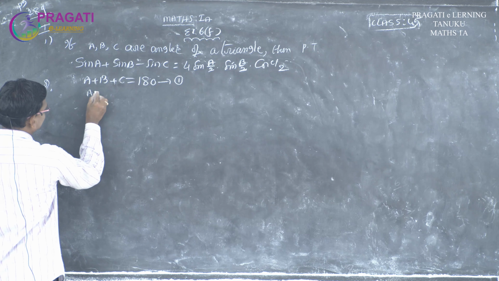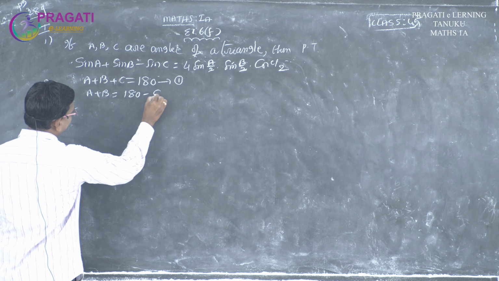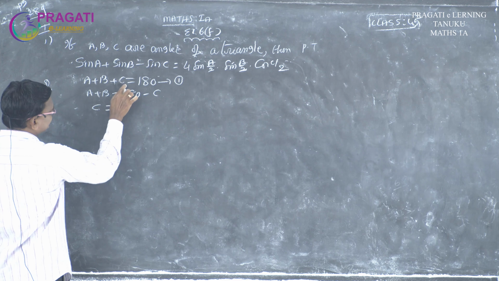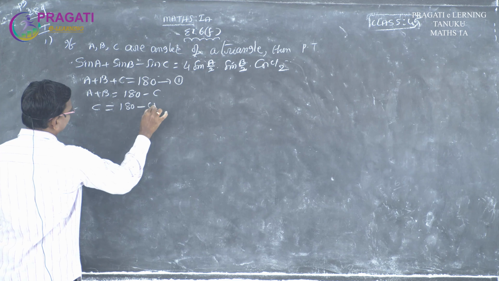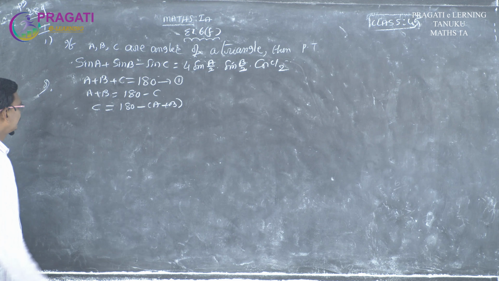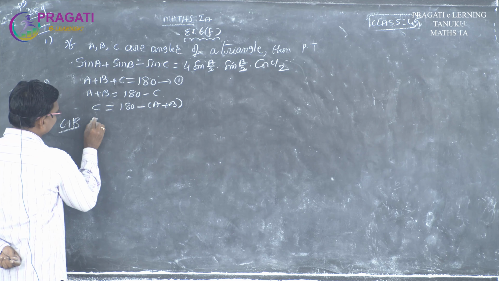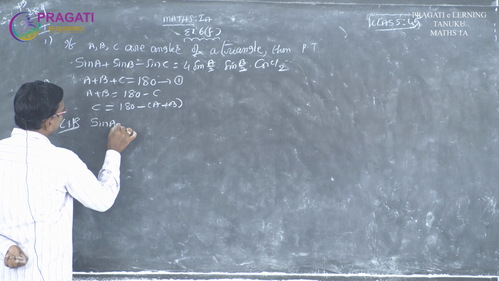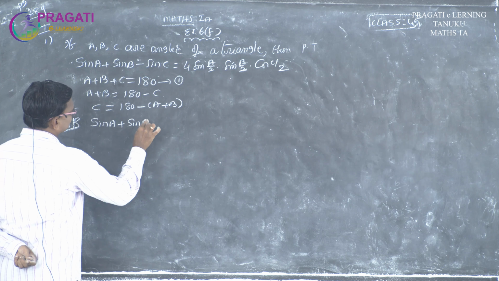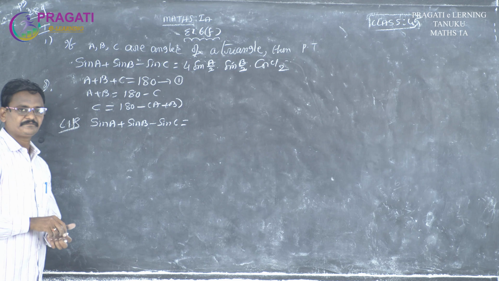From this, A plus B is equal to 180 degrees minus C, and C is equal to 180 minus (A plus B). Now LHS, that is sin A plus sin B minus sin C.